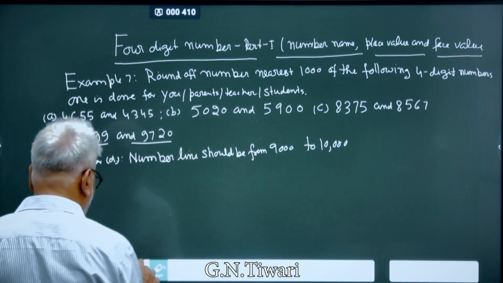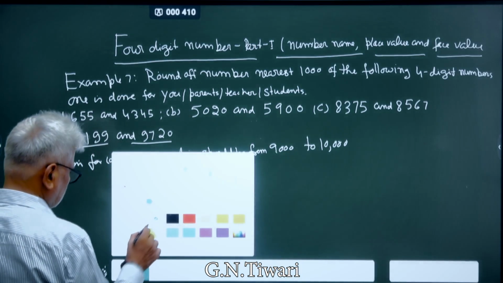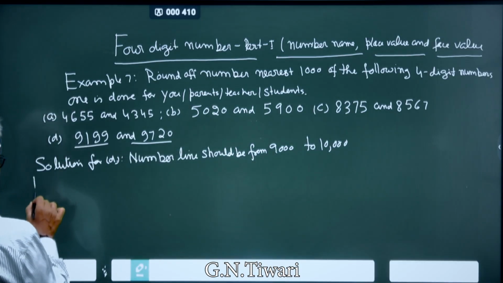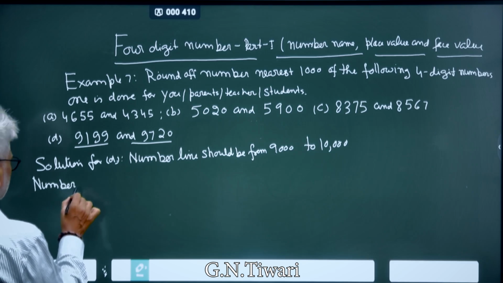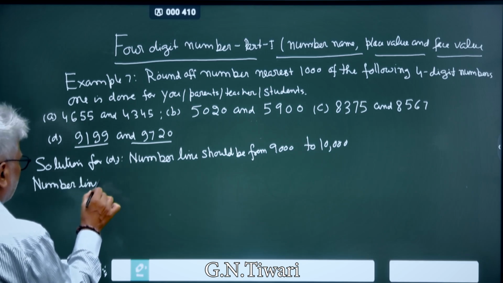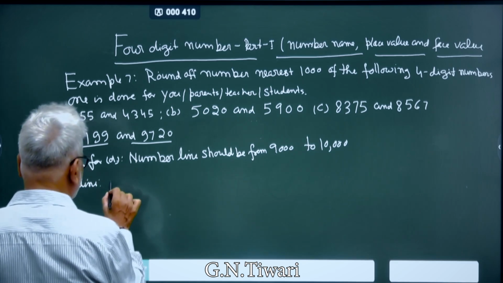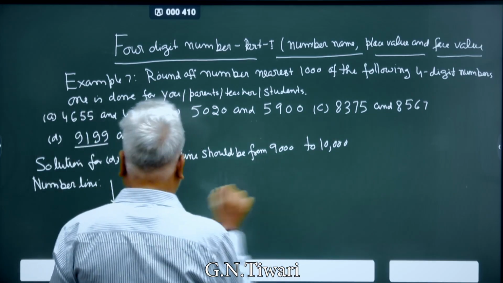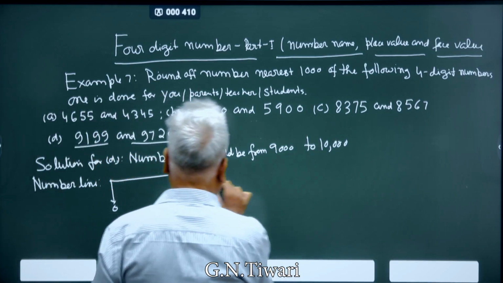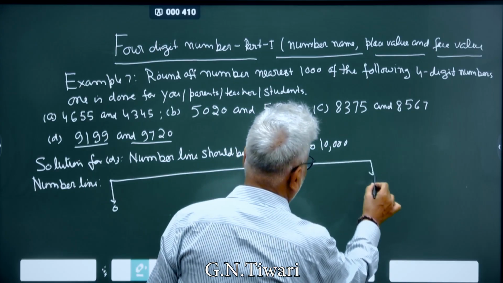So how you draw the number line? Just say number line, I am suggesting it is a 4-digit number. Number line starts from here 0 to 10,000. Draw any line up to 10,000. Don't worry about that.